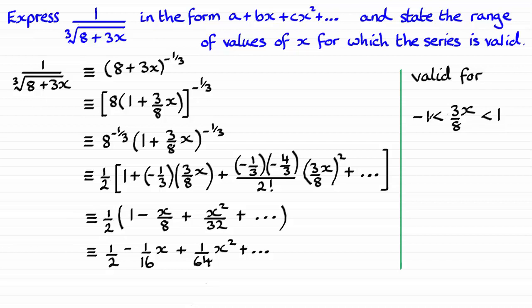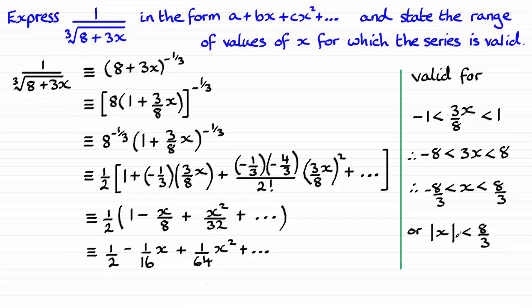We now multiply throughout by 8, and that leaves us with 3x lying between minus 8 and 8. And then divide throughout by 3, and that leaves us with x lying between minus 8 thirds and 8 thirds. And you can also write this in an alternative form as the modulus of x is less than 8 thirds. So, hope you're able to get that correct, and if not, at least able to see how to do it.